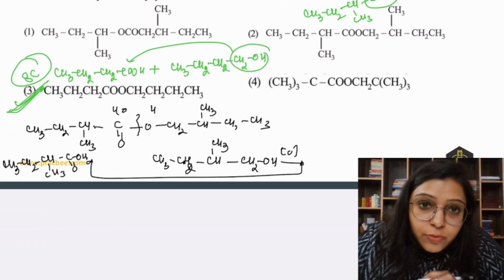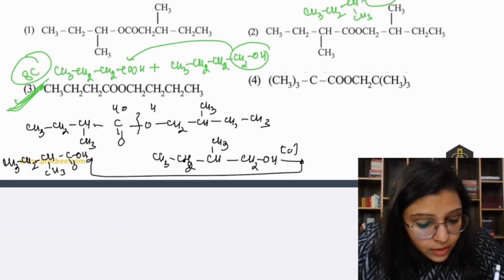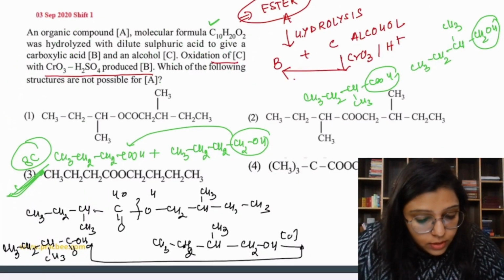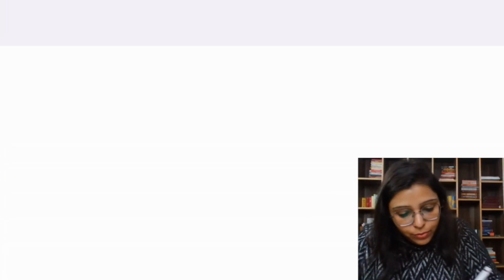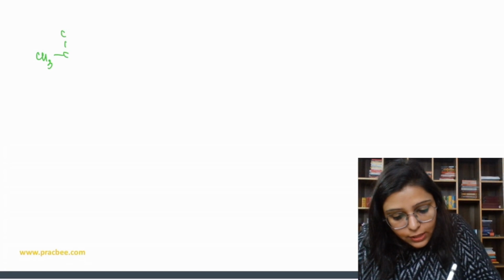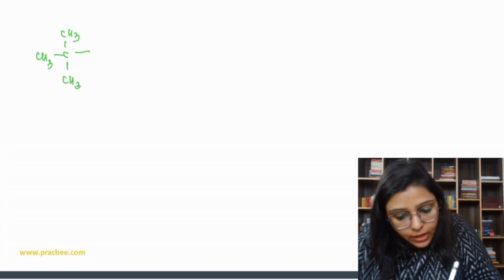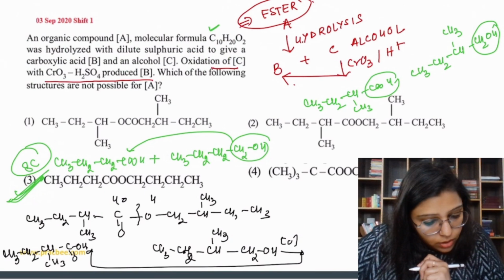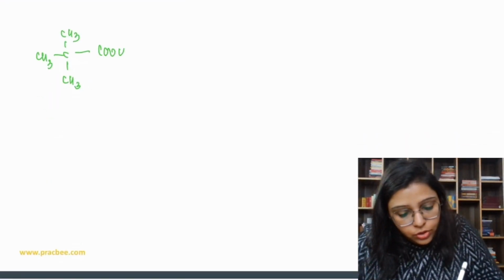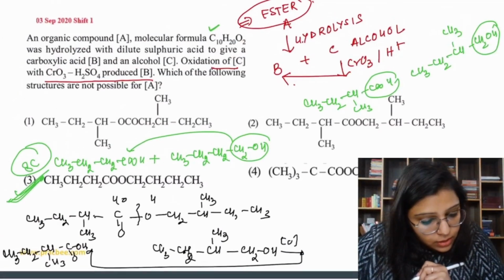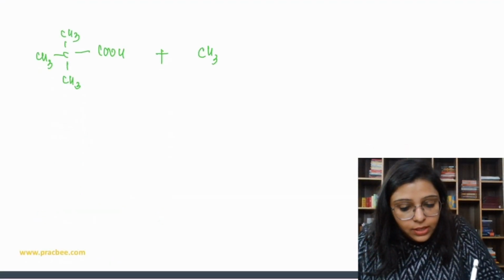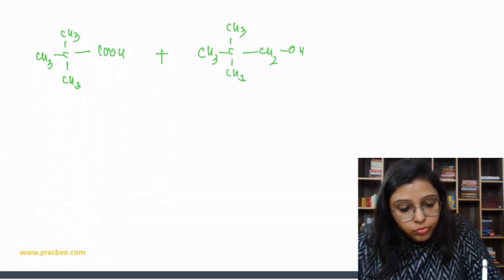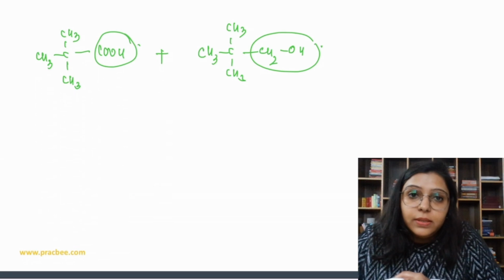Right. If you see option number 4, again we get this thing. Let me write it for you. We get (CH3)3C-COOH plus (CH3)3C-CH2OH, which further oxidizes to give carboxylic acid, right?